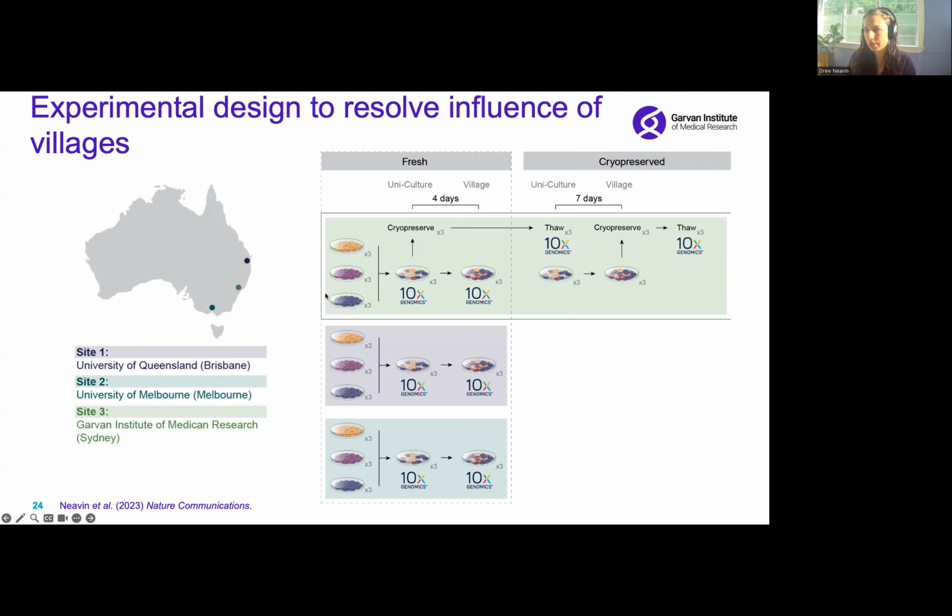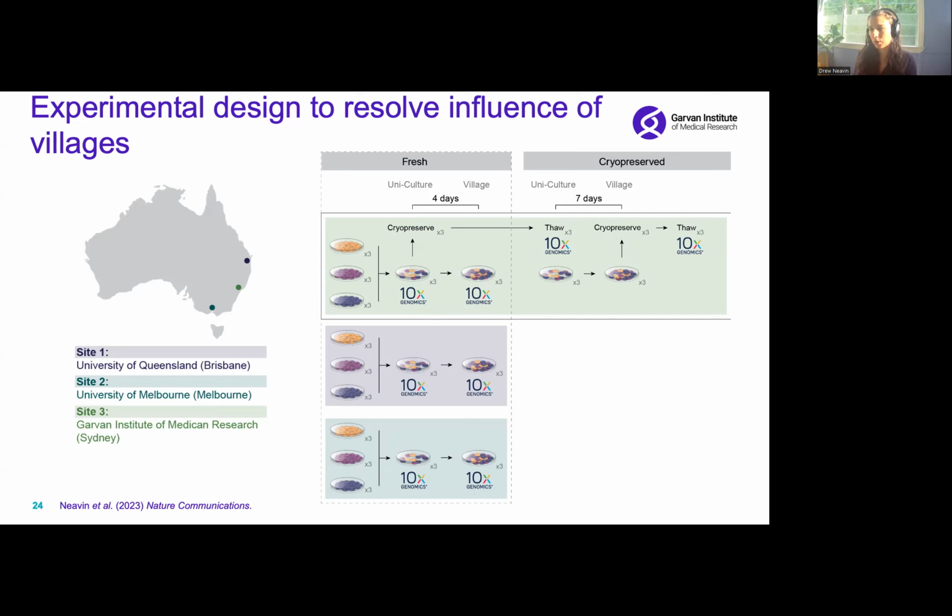And we took 3 different stem cell lines and pooled them at day 0, which we're calling our uniculture, and captured them for single-cell RNA sequencing at that time point. And then we cultured them in this village for 4 days and captured them again at 4 days across the 3 sites. In Sydney, we also cryopreserved some of this baseline village and then thawed and passaged this to see the impacts of cryopreservation on the village and the distribution of cells and their transcriptional profiles.